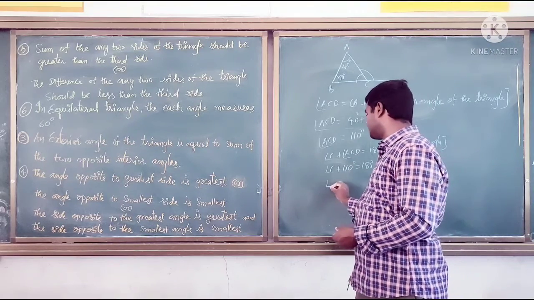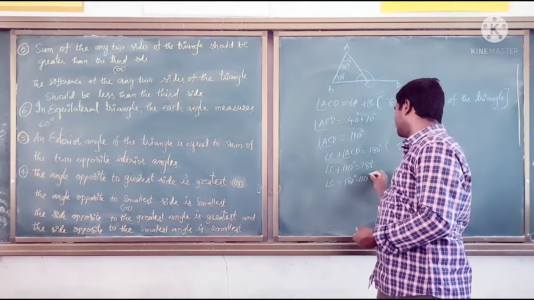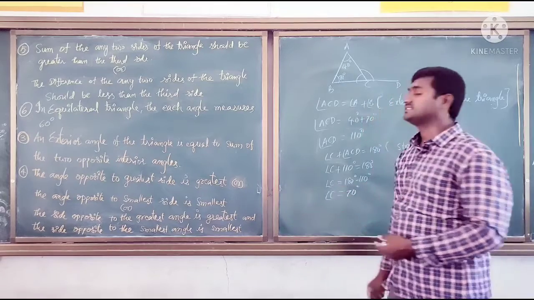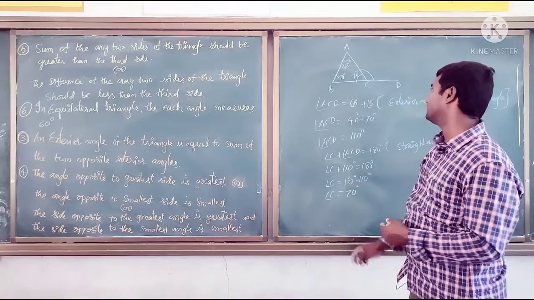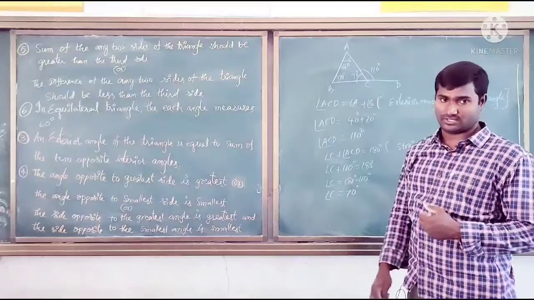So angle C equals 180 degrees minus 110 degrees, which is equal to 70 degrees. Angle C is 70 degrees. Angle ACD is 110 degrees. Yes, we found it like that.